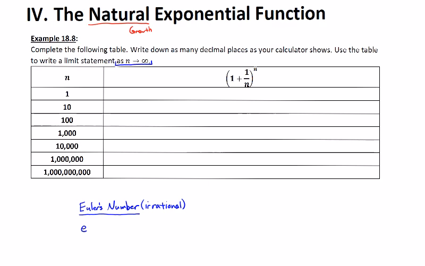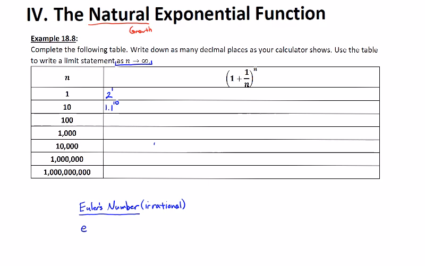So let's start with a nice positive integer like 1. If we were to plug in 1 into this expression, we would end up with a base of 2 and an exponent of just 1. And if we were to plug in a larger positive value, say 10, we would end up with a base of 1.1 raised to the 10.